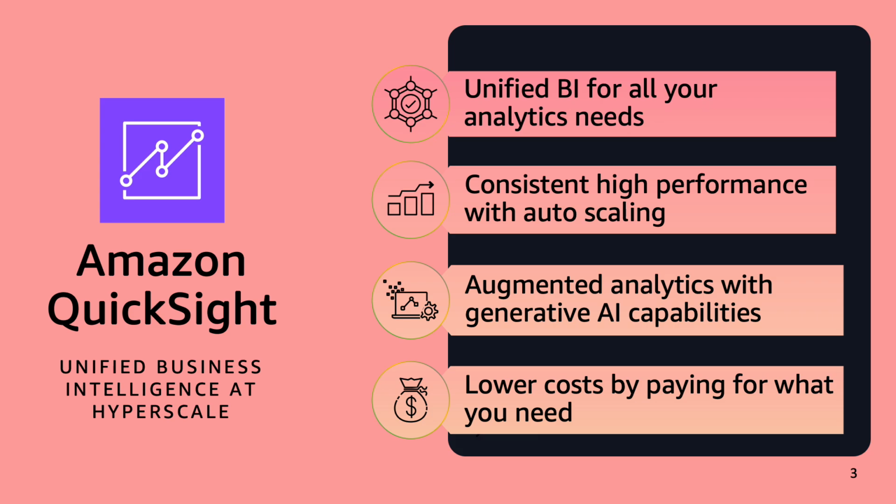So when it comes to data handling, the standout is the in-memory computation engine, which is SPICE. SPICE is kind of like a columnar storage or in-memory engine, which is designed for fast data retrieval and calculations in Amazon QuickSight.